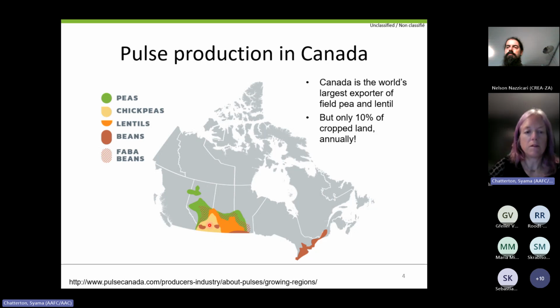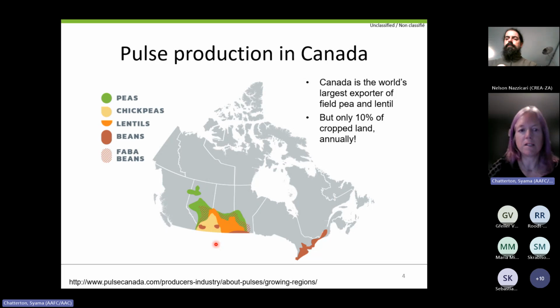Chickpeas, again, just in this small west and southeast corner of Saskatchewan and Alberta, where it's much drier. And then beans, we have a few pockets of production in Alberta, Saskatchewan, Manitoba, and then a lot of Ontario. And then we don't actually produce a lot of faba beans, even though it shows that the faba bean occurs there.